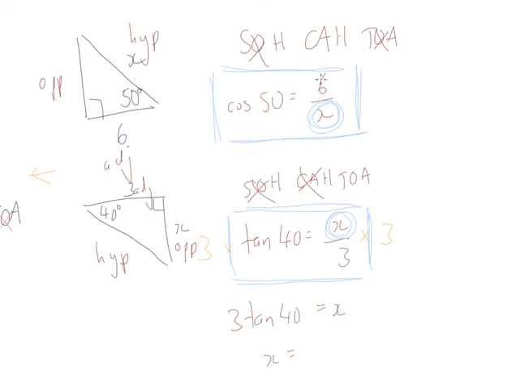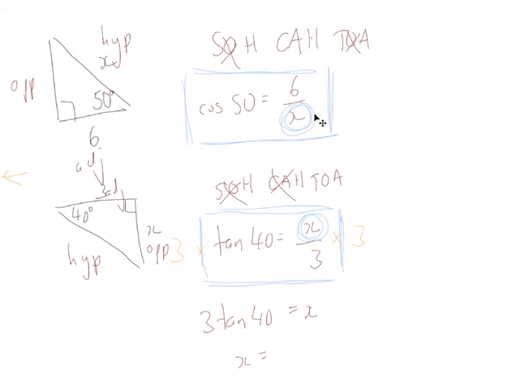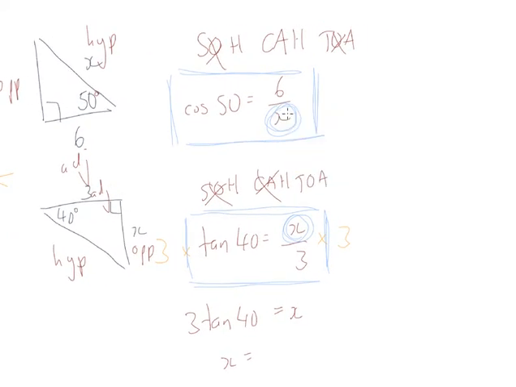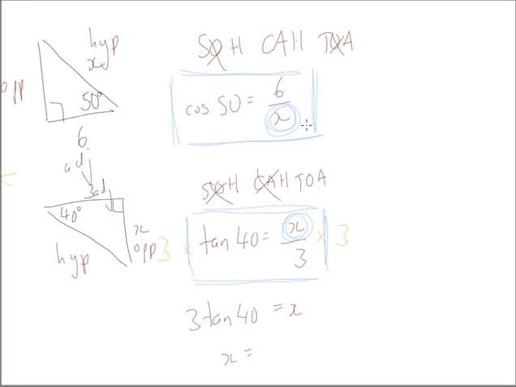In my top example though, it's a little bit different because x is on the bottom. To get x by itself, you could think of flipping both sides. There's a few different algebraic bits and pieces you can do. What I like to do with this kind of thing is flip the x and the cos 50 over. So x now equals 6 on cos 50.